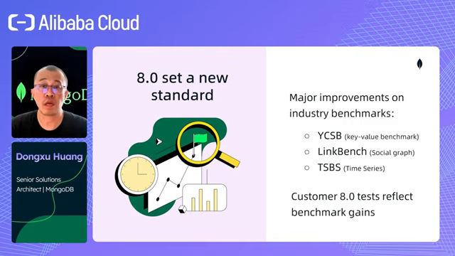To start off, we have YCSB, which is the Yahoo Cloud Serving Benchmark. It is a very popular key-value store benchmark. The second one is LinkBench, which is Meta's social graph benchmark. And thirdly, we have TSBS, the Time Series Benchmark Suite, which can help us evaluate analytical workloads, specifically with time series data.